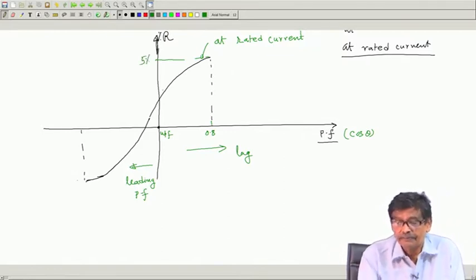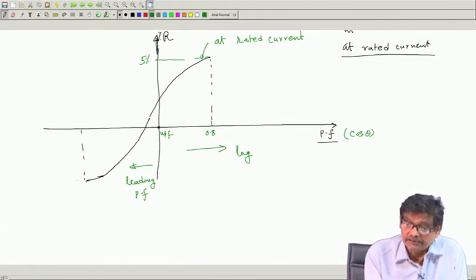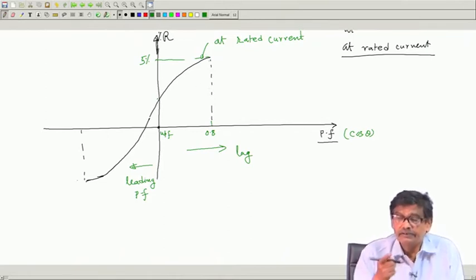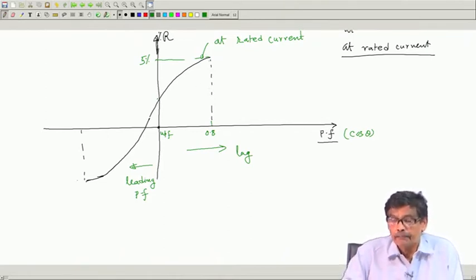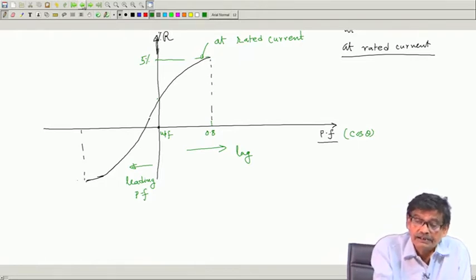Got the point? At unity power factor also the regulation is positive. What is regulation? Regulation is no load voltage minus the voltage with load connected divided by the no load voltage. Therefore, it is positive means the numerator is positive.